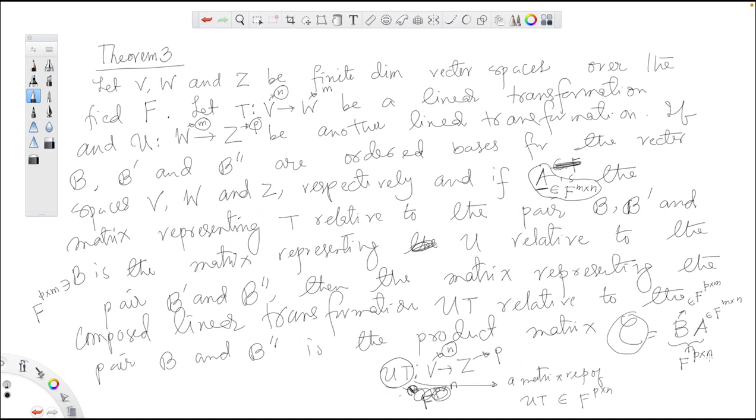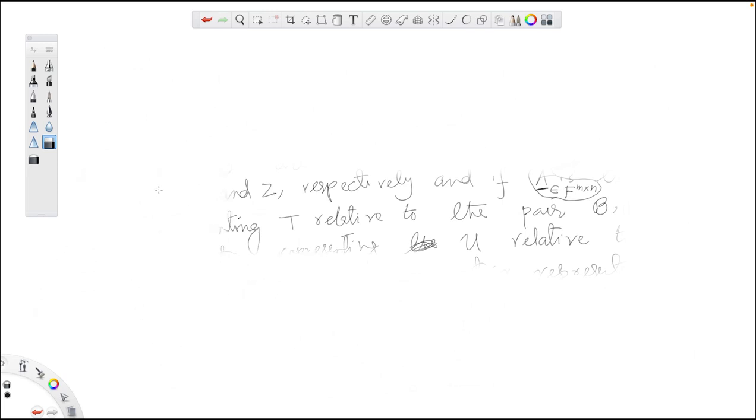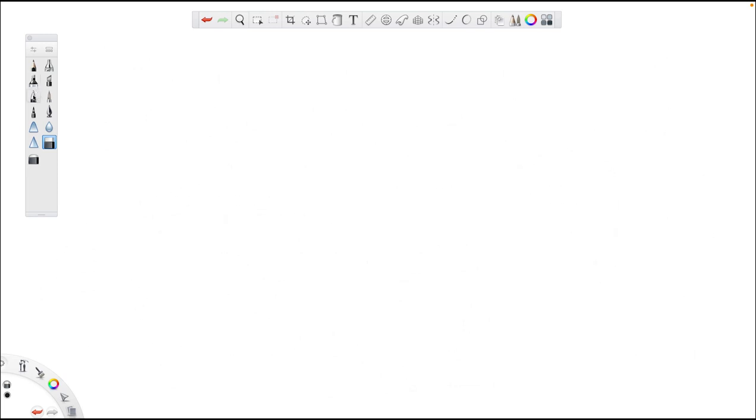Now we should inquire what happens to this representing matrix when we change the ordered basis. In particular, we'll be interested in the change of the representing matrix of a linear operator on a vector space V under the change of ordered basis. So let me write it in words here.